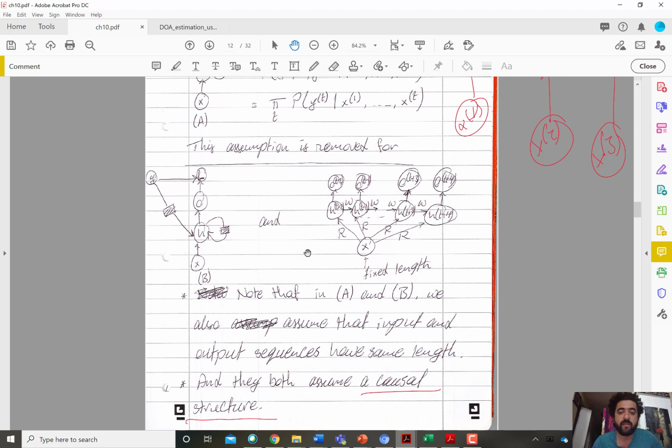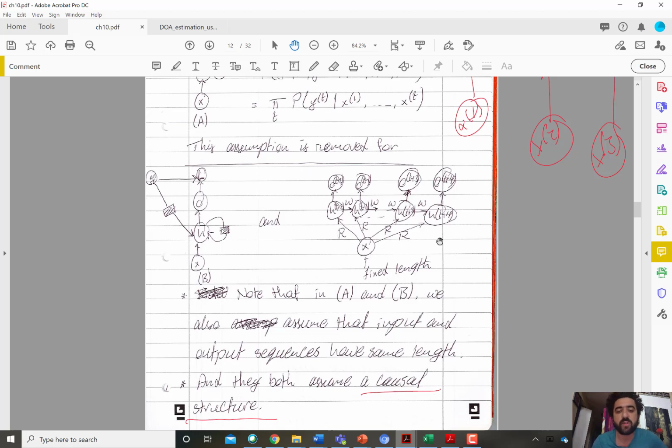Now let's say I have a network like this, where the whole input sequence is connected to all the hidden units of all the time steps. So if the input sequence length is 100, then the whole 100 element vector of the input feeds into the hidden units of all the time steps.